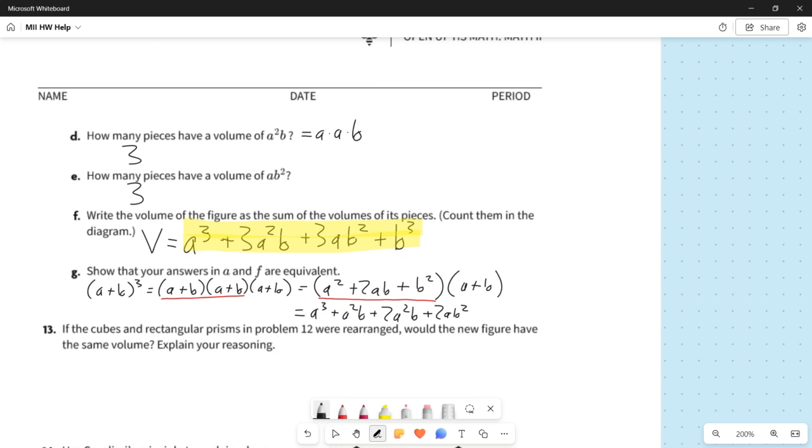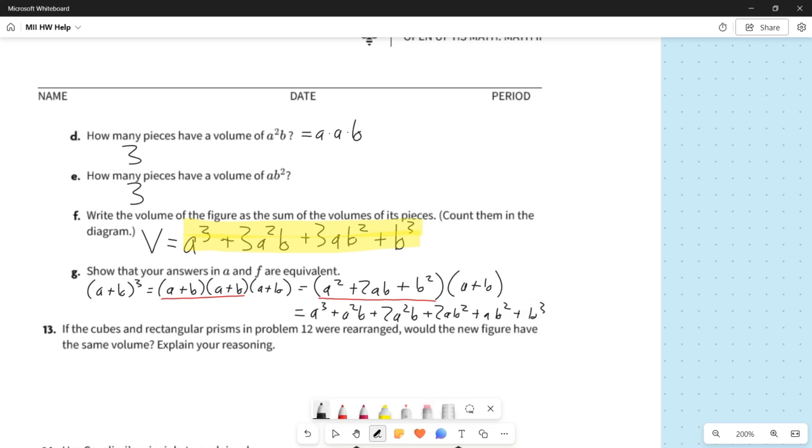Then I have B squared times A, so I have, again, AB squared. And then I have B squared times B, sorry, that's a plus, not an equals. So that's plus B cubed.